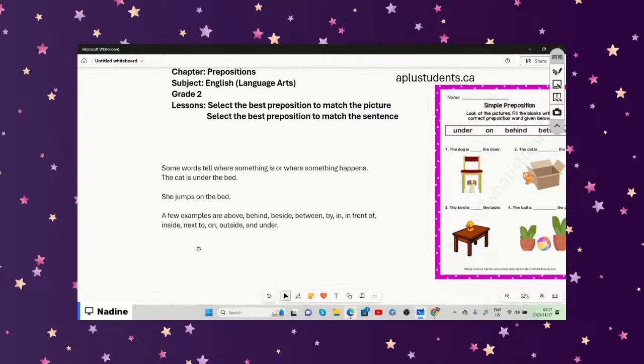Keep that in mind, because when we do the activities, they're going to ask us to identify the specific prepositions, and you're going to have to identify where something is or where something happens.